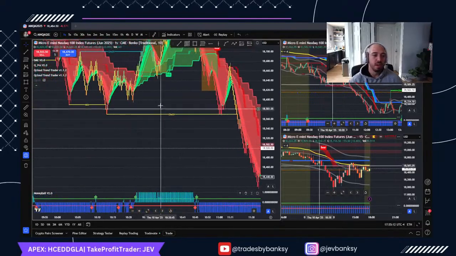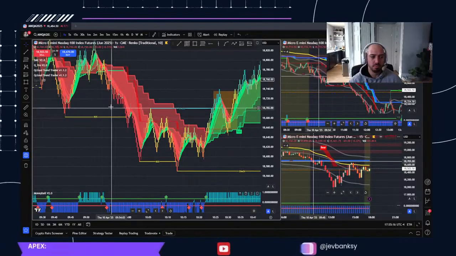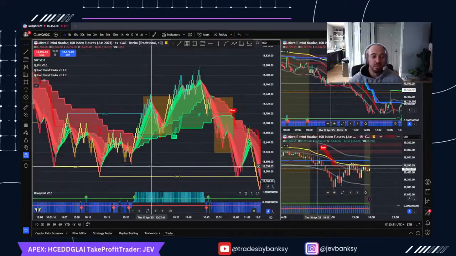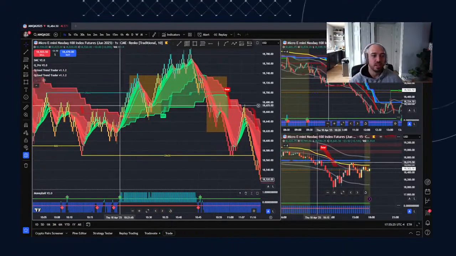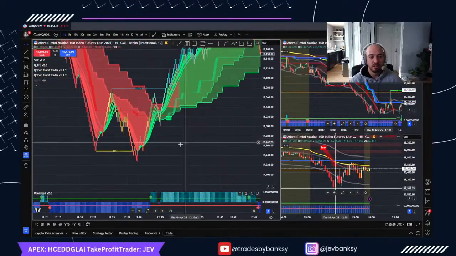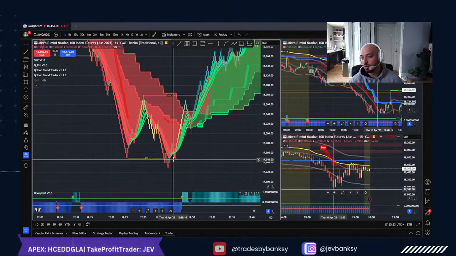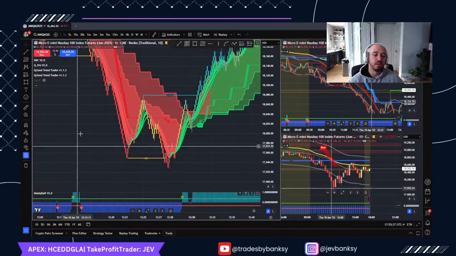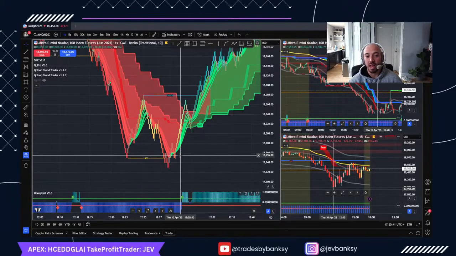Another thing that we have is the change of character and break of structure levels. These are just levels where we could see some rejection, as seen here. If we want to keep moving down, here as well, we may see price either stop, halt, or have some sideways movement for a little bit. That's another level you can aim for.